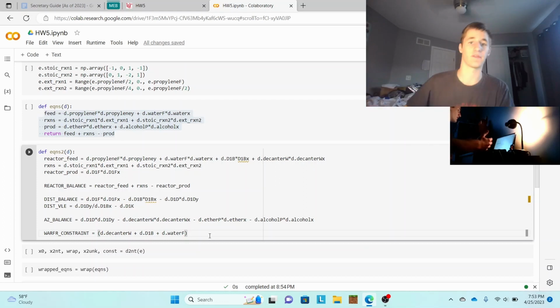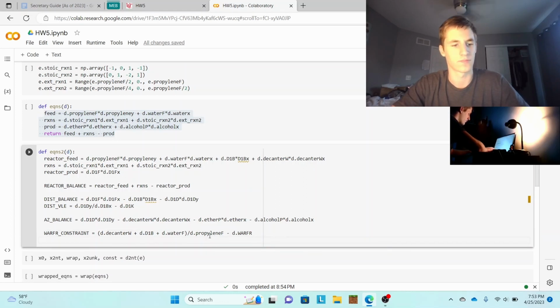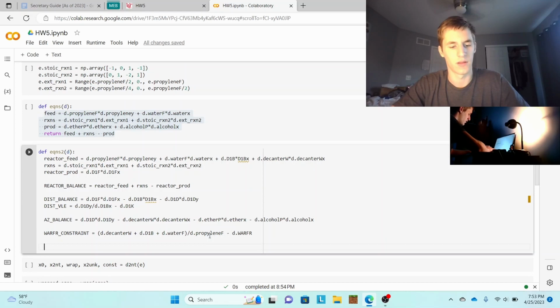Because we are talking about the flow and not the contents. And then we want to divide by our propylene flow, right? And then we want to subtract our water to alkene reactor feed ratio. And we will return this.